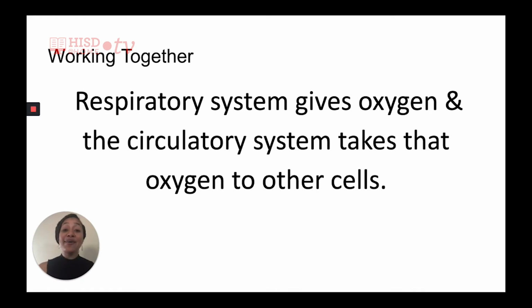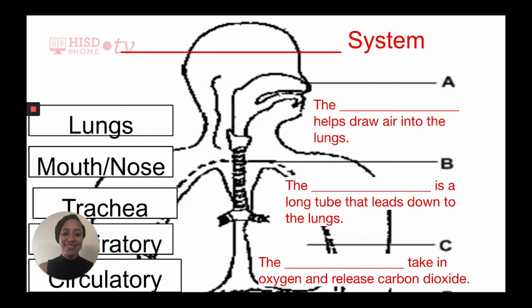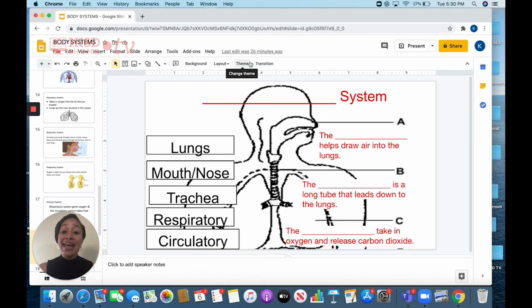So now that we have our notes for the respiratory system and the circulatory system, let's play Name That Organ. So first, this is our first picture. The first thing I want us to do is to decide what system does this picture represent.